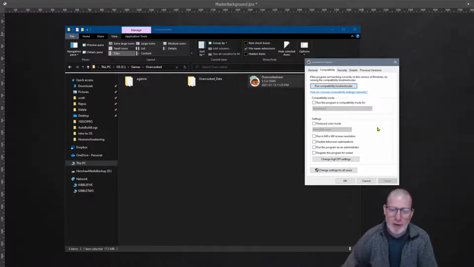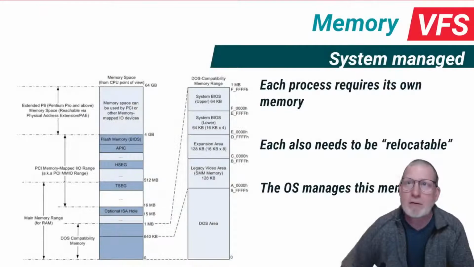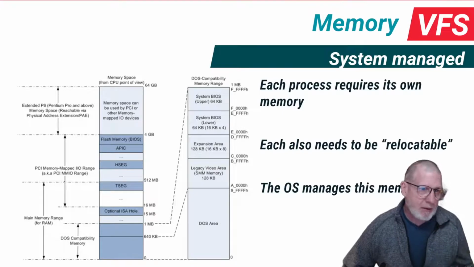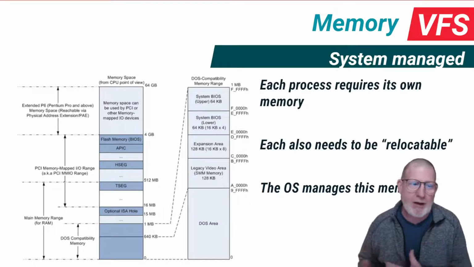Compatibility mode lets you change not just the DPI settings, but run this program as if it's running under a previous version. Now, these are all virtualizations. What they're really doing is telling our operating system that we're going to treat your application as if it was running in a previous version of the operating system. That's what we see in the right-hand chart.